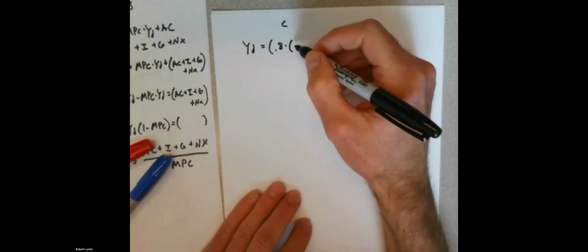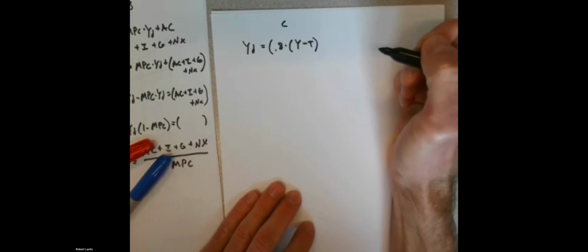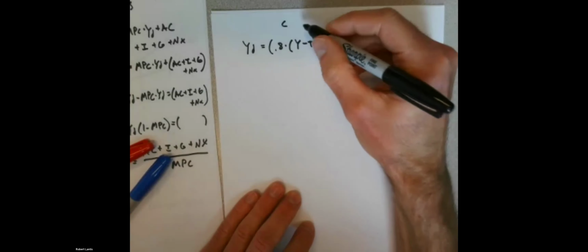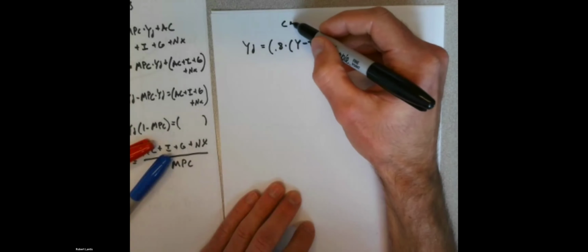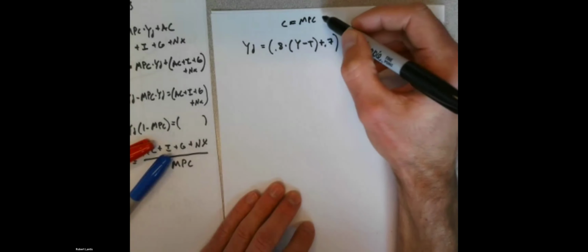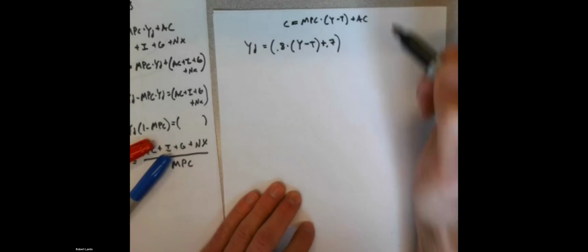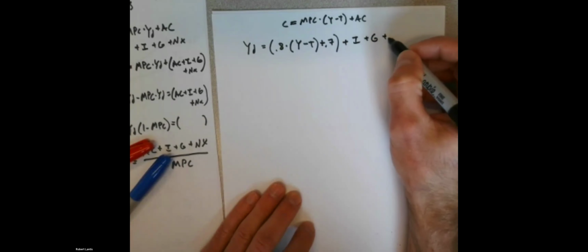But now my disposable income is the amount of money I'm making minus taxes, and then add in autonomous consumption. So now consumption is equal to our marginal propensity to consume times this, plus autonomous consumption. And then we had plus I plus G plus net exports.